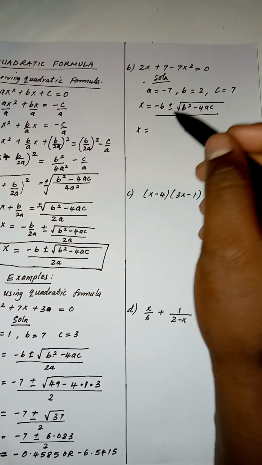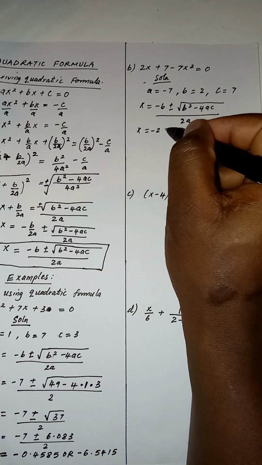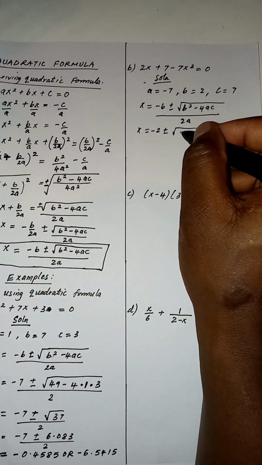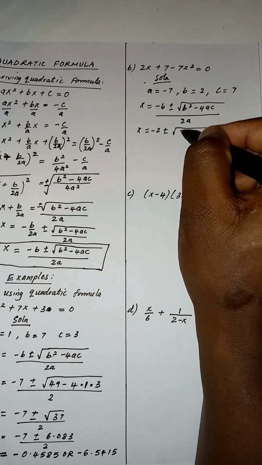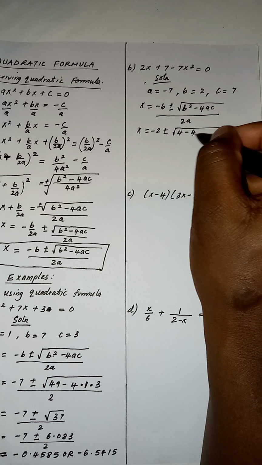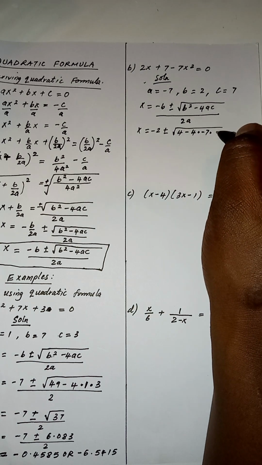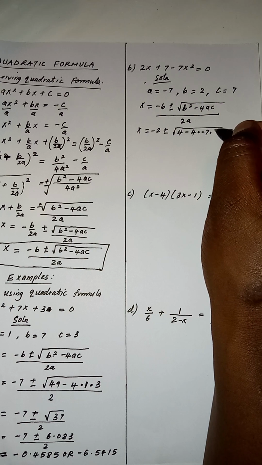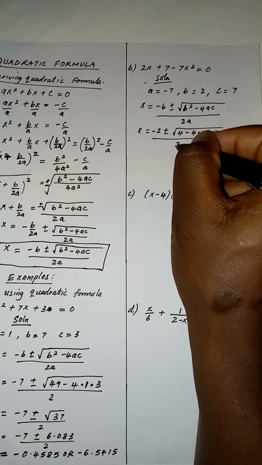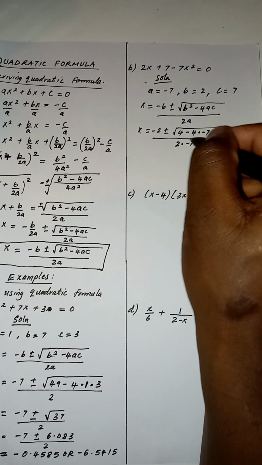So our x will be equal to minus b, which is minus 2, plus or minus the square root of b squared, so our b squared will give us 4, minus 4 multiplied by a, which is negative 7, multiplied by c, which is 7, over 2 multiplied by a, which is negative 7.